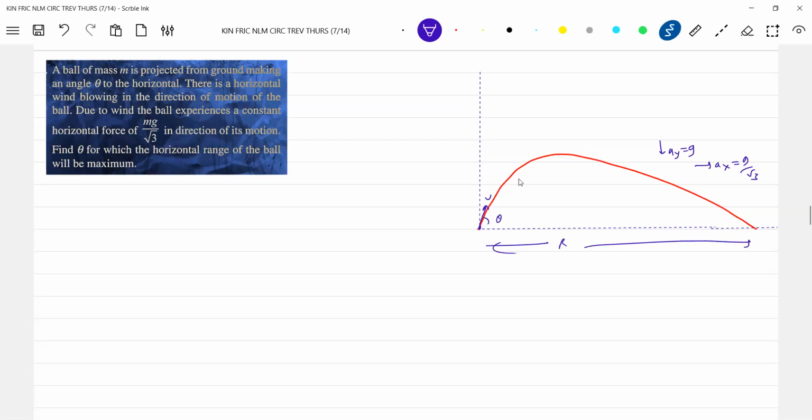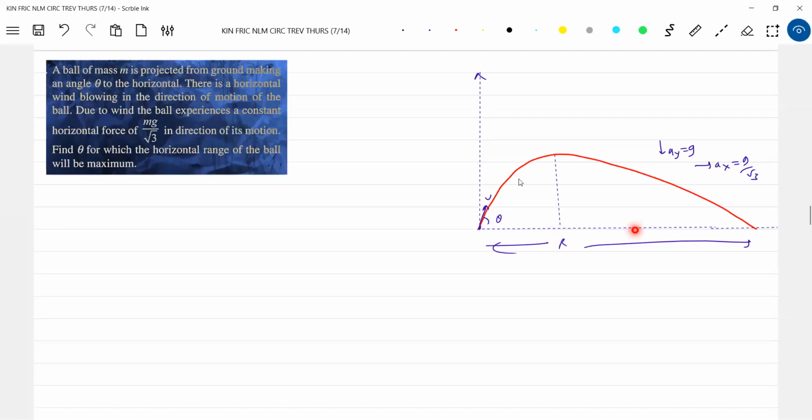This range has to be maximum. We know if there is no horizontal acceleration, theta is 45 degrees. Now, because of horizontal acceleration, what can be the maximum range? Hope you are able to understand. Why am I drawing the trajectory this way? If there is no horizontal acceleration, it is R by 2, R by 2.